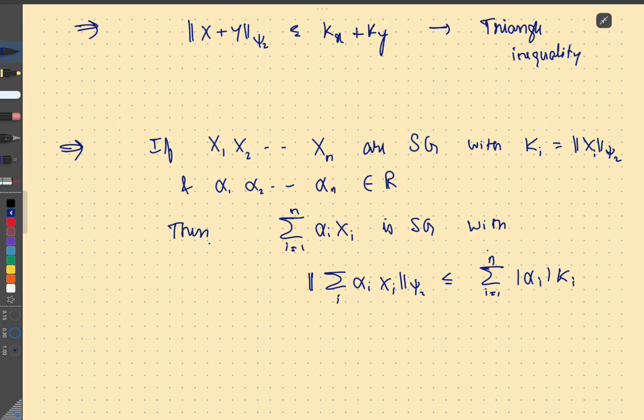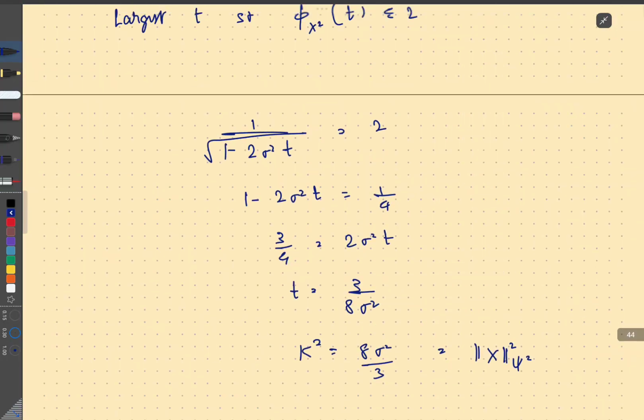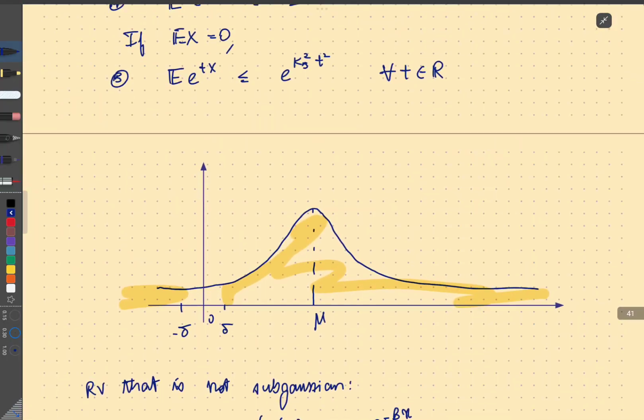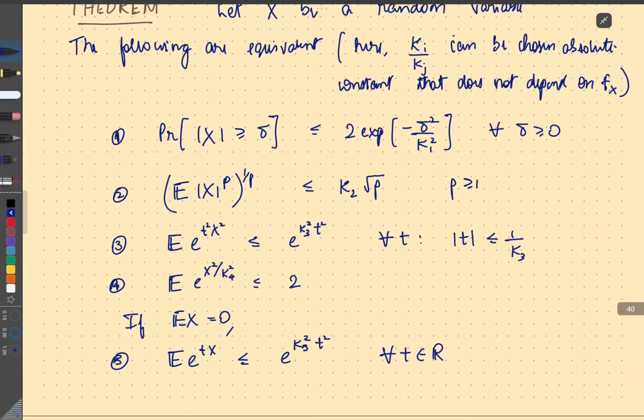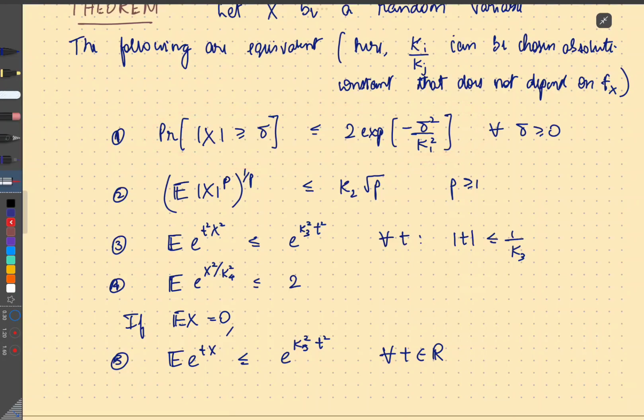Now this is particularly powerful because I can now use these equivalence properties of Subgaussian random variables. I know that if I have a bound on the Subgaussian norm, then I automatically have a tail bound on this random variable.